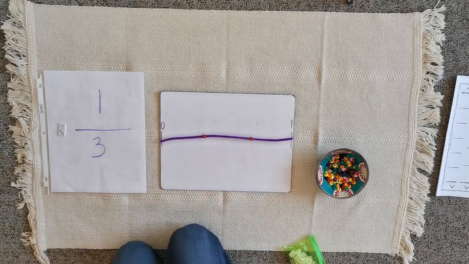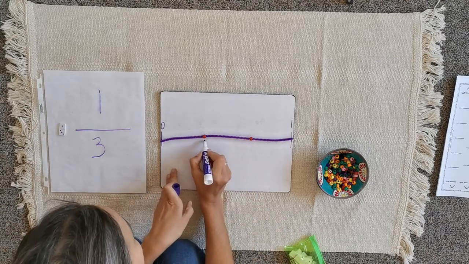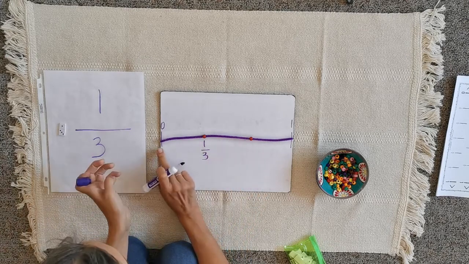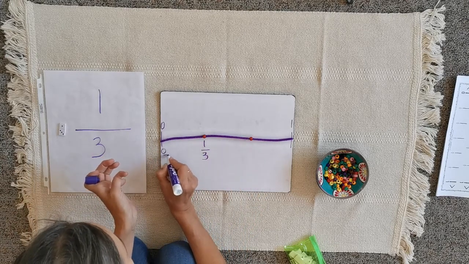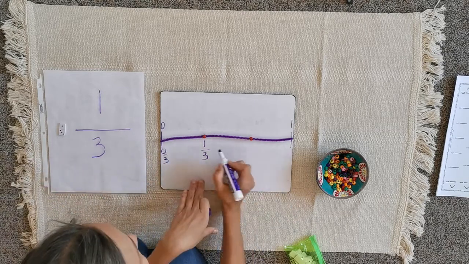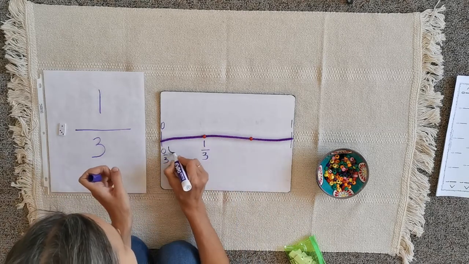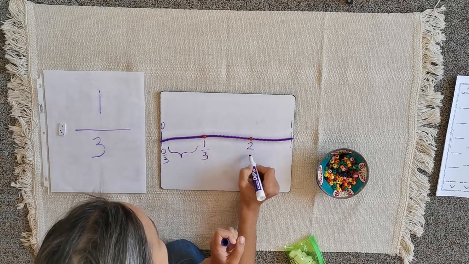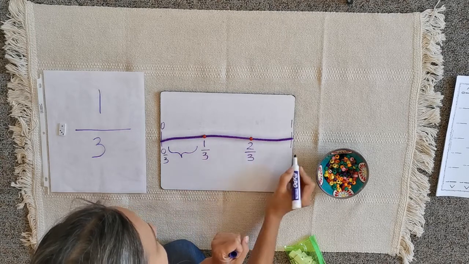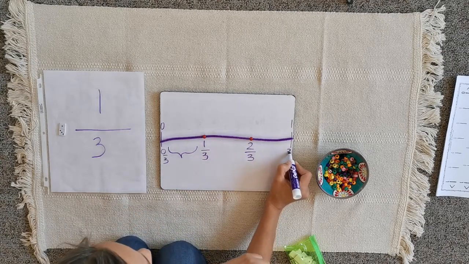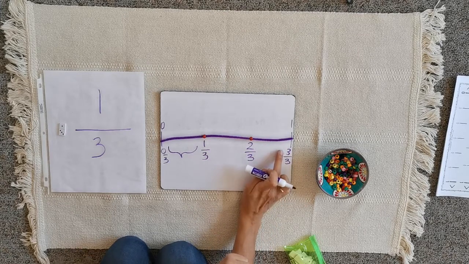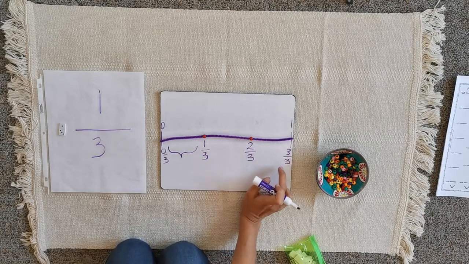So now I have 1/3 that is over here. Well, this will be 0, 0 thirds, but you don't need to write it. 1 third, the first third will be here. 2 thirds, and the third one will be 3 thirds. 3 thirds, when we have the same number in the denominator and the numerator, is a whole.